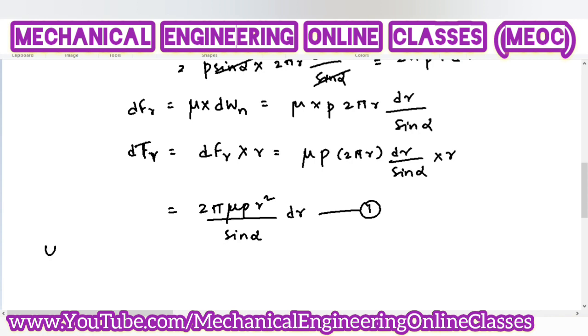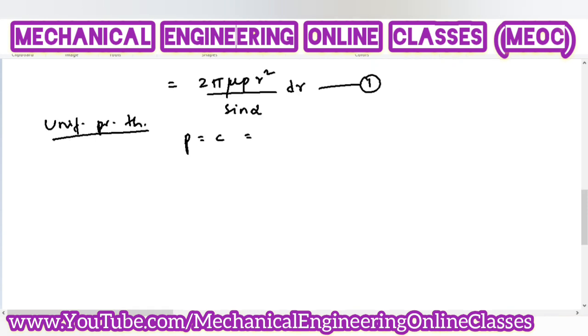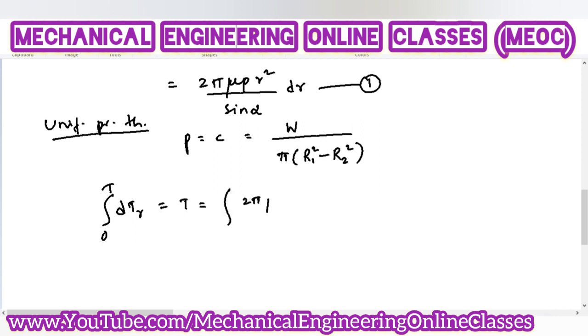Now applying uniform pressure theory, according to which pressure is constant, but pressure is equal to load by contacting surface area. Load is W and contacting surface area is pi into r1 square minus r2 square. So we will integrate equation 1 on both sides to get T is equal to 2 pi mu P by sine alpha integral of r square dr, with r varying from r2 to r1.